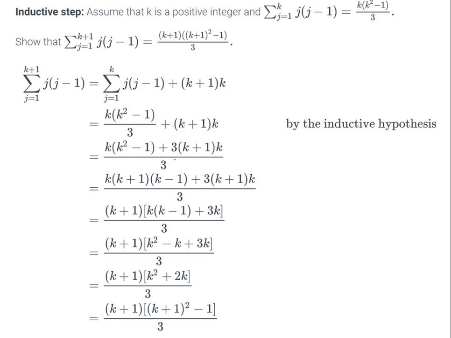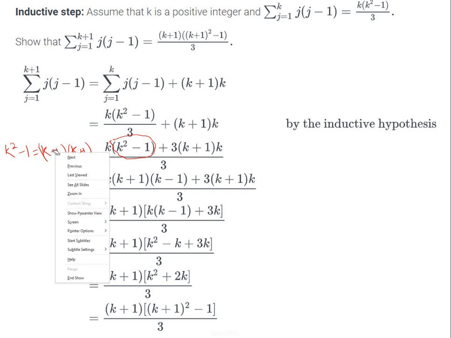You bring the terms together, and you get 3 times k plus 1 times k over here. So now you replace k squared minus 1. Remember that k squared minus 1 is equal to k minus 1 multiplied by k plus 1, right?